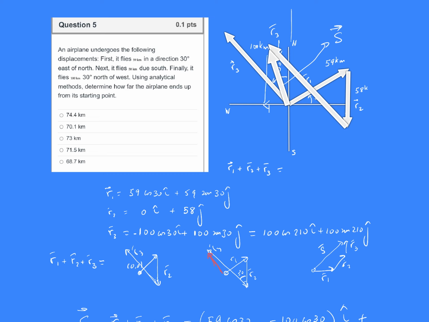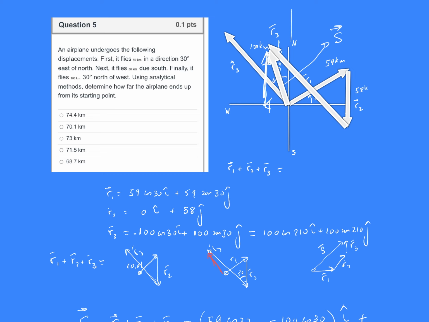We will know the y component of the sum, the x component of the sum, and knowing the Pythagoras theorem, we will know this distance. This distance squared will be this distance squared plus this distance squared. So let's find this magnitude and this magnitude to find the sum. This is the sum. Okay.